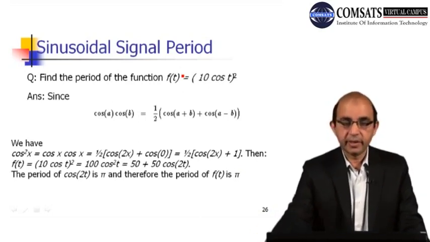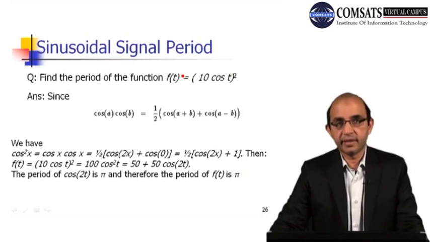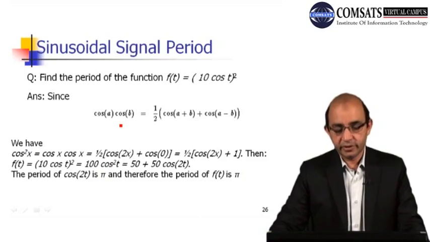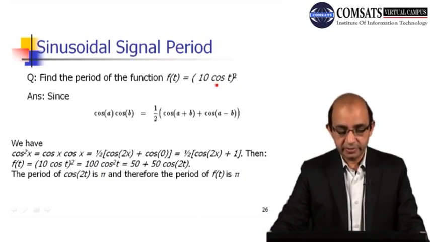So here comes the sinusoidal signal period. How will we calculate the period of a signal that is represented by sinusoids? The signal is f of t equal to 100 cos t, whole squared. We have to use a trigonometric identity to simplify this expression.